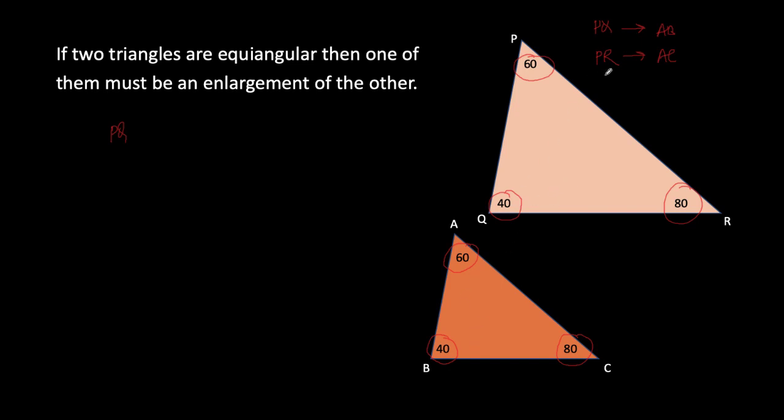Now, which side is corresponding to QR? QR includes angles 40 and 80. In this triangle, which side includes 40 and 80? BC. So the corresponding side to QR is BC. These three sides are in proportion, related by a scale factor.